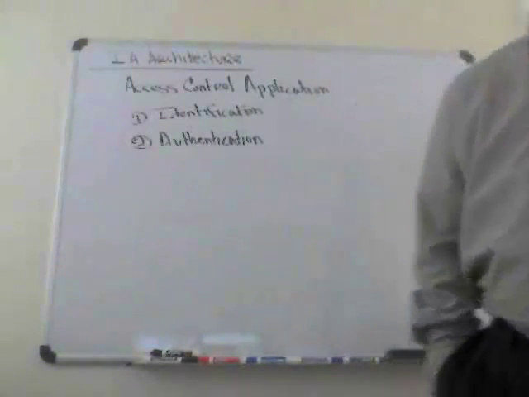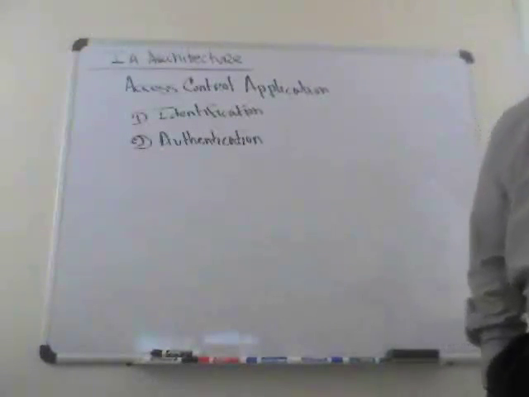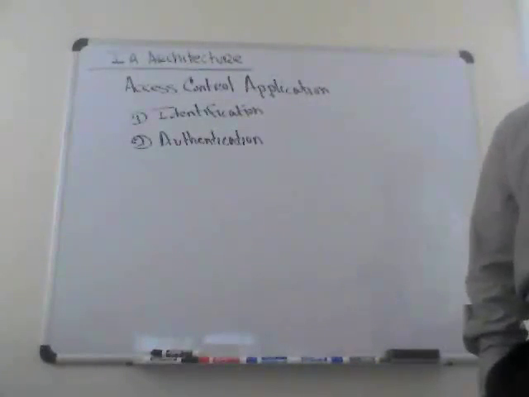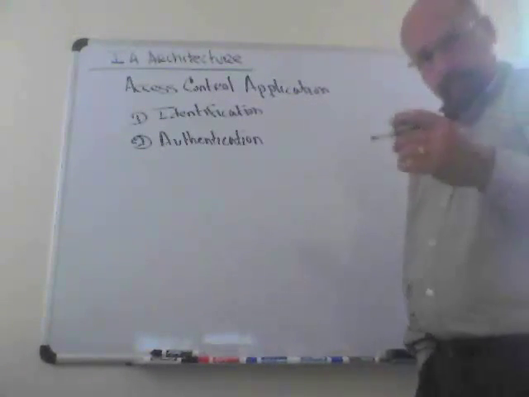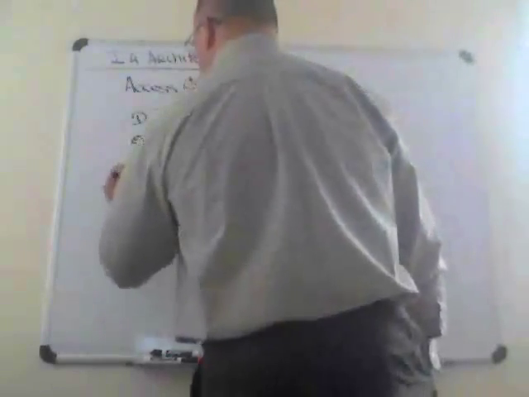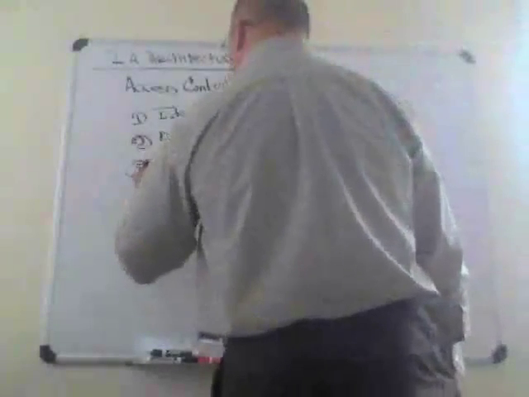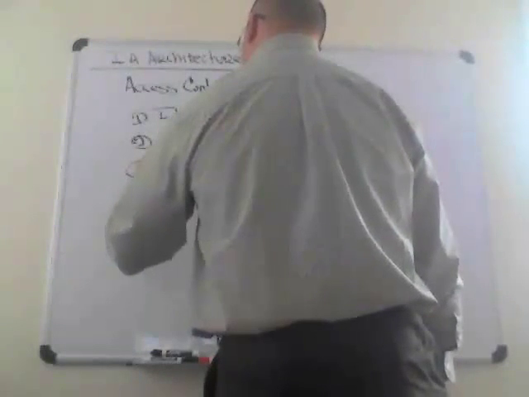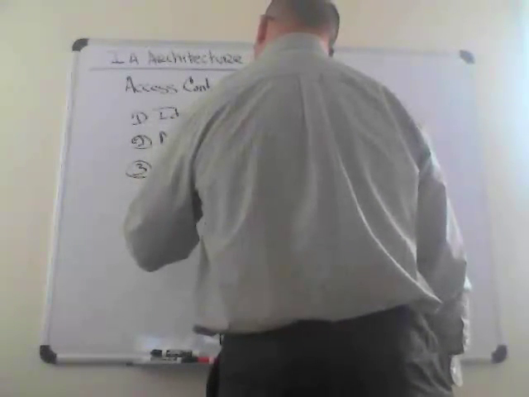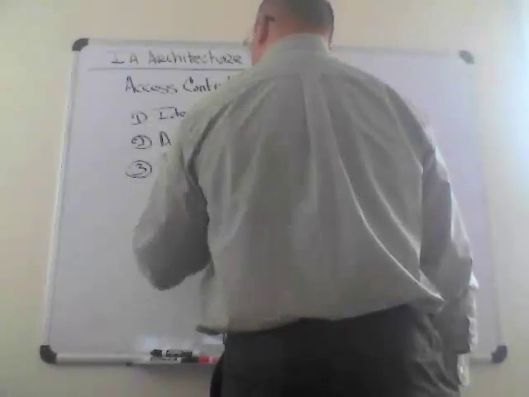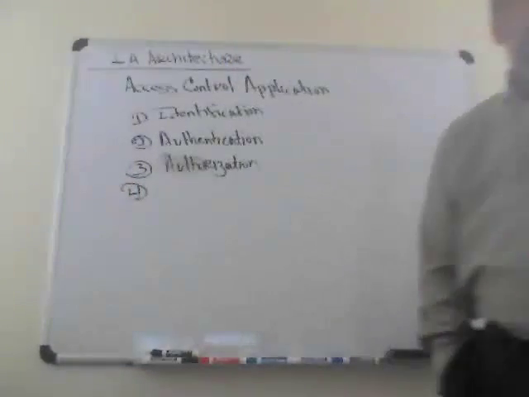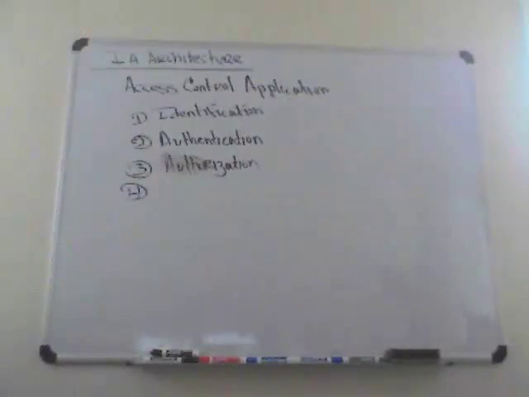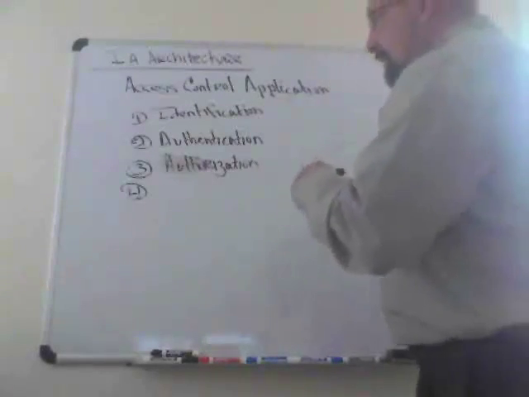The third is authorization, and in that we're determining what actions that authenticated entity can perform in that physical or logical area. And then the fourth is accountability. In other words, we have to have the ability to document the activities of the authorized individual and the system.